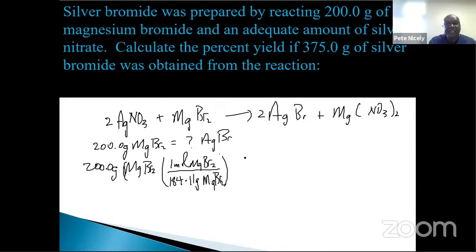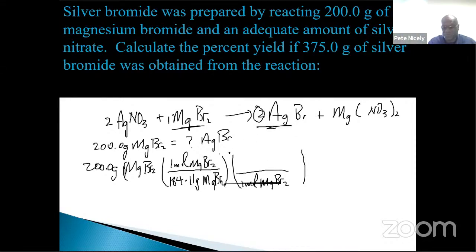And then the next conversion factor would be the mole ratio between the magnesium bromide and the silver bromide. As you can see, there's a 2 here, and there's understood to be a 1 here. So we're going to put 1 mole of MgBr2 down here, and 2 moles of AgBr up here.